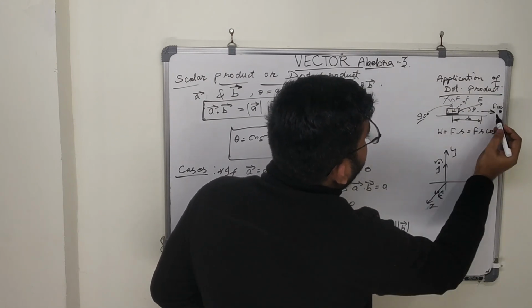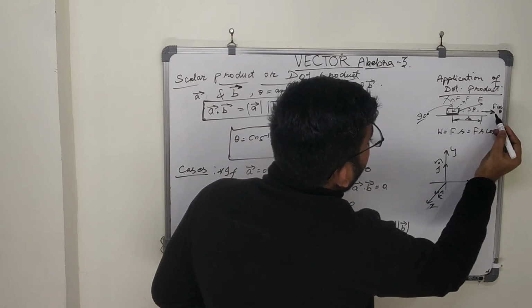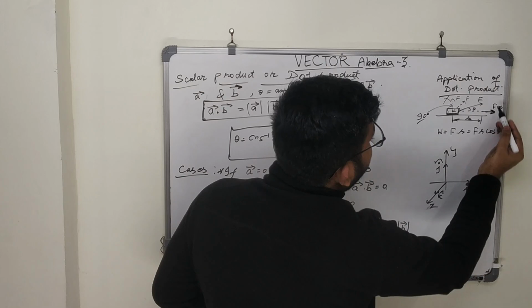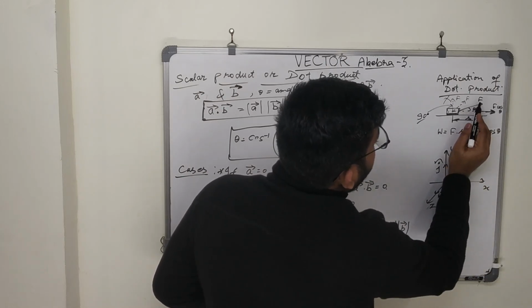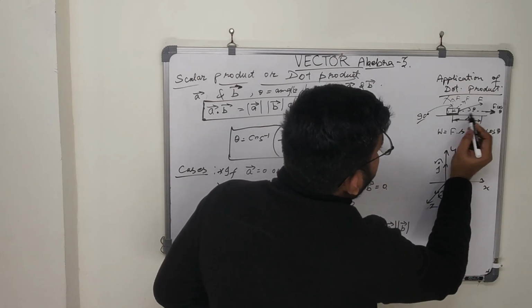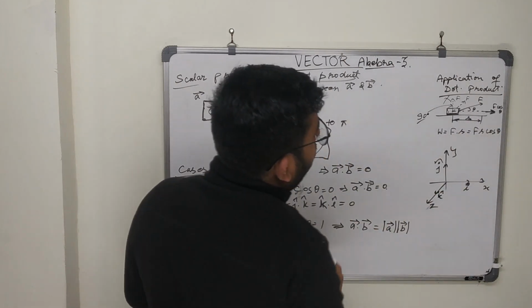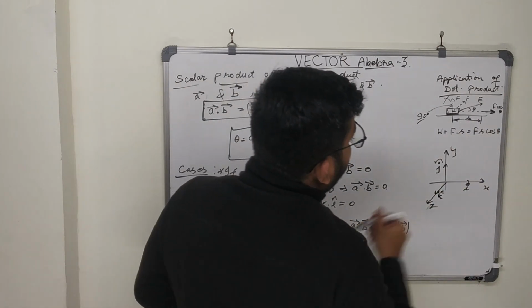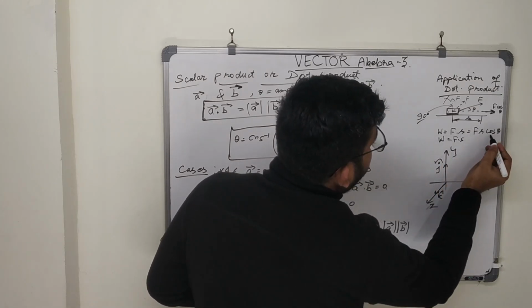तो अगर theta घटेगा cos theta बढ़ेगा, so F cos theta along the direction of movement of the block will increase. So the effect of force along the horizontal direction will be maximum when theta is equal to 0, that is force is completely horizontal. So in that case W will be equal to F dot S and cos theta is equal to 1.